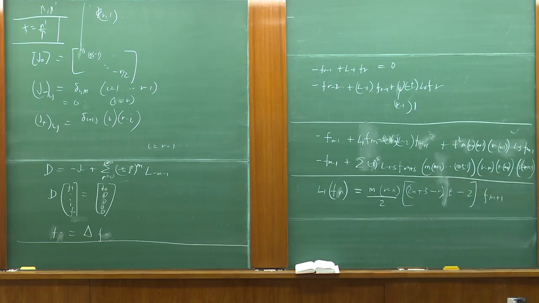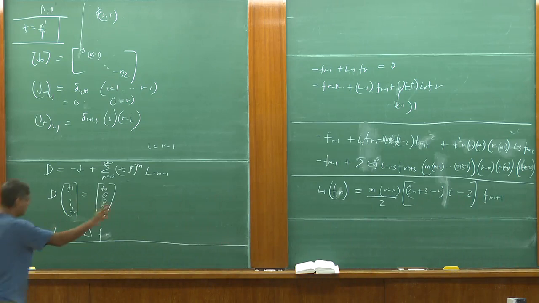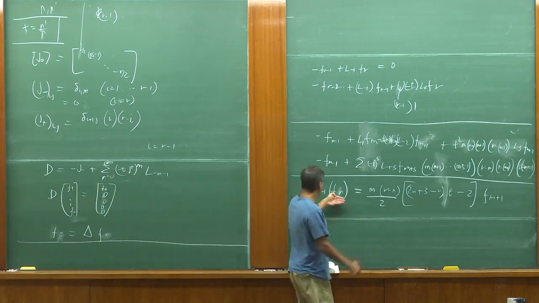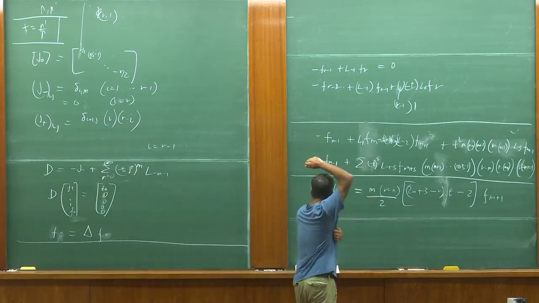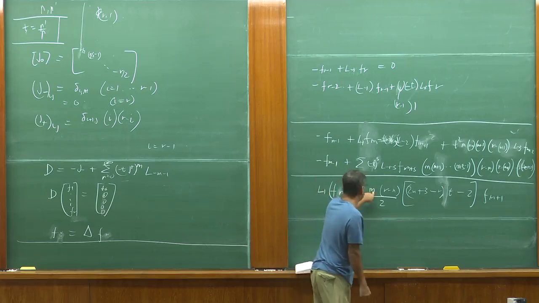So then this will establish what we want. When we act on f0, it will establish what we want because of this factor of m.